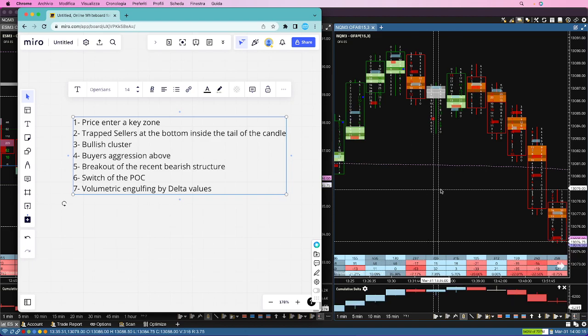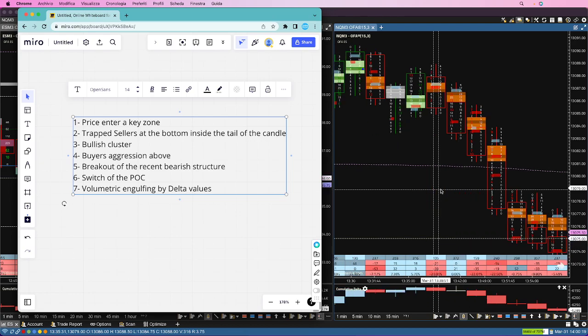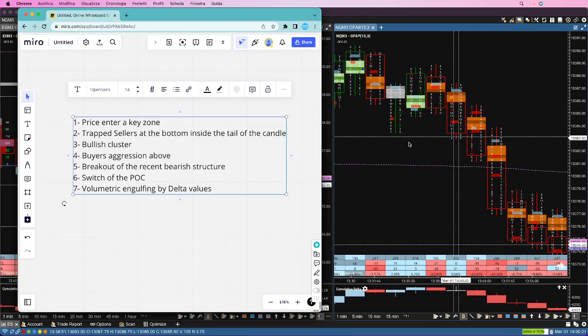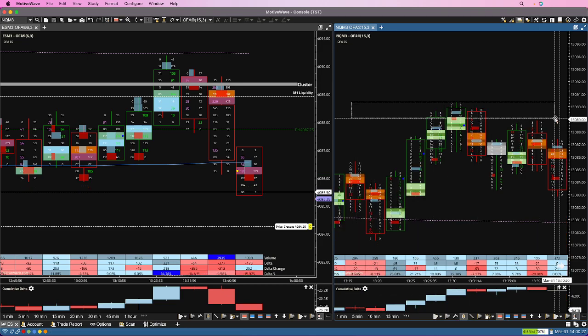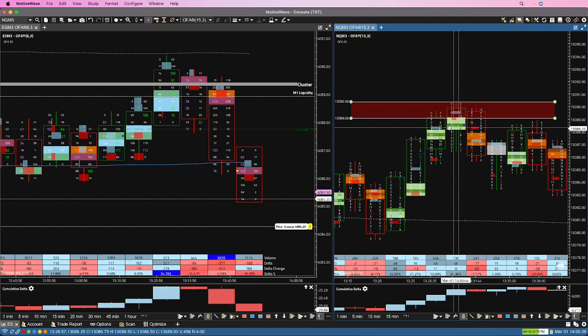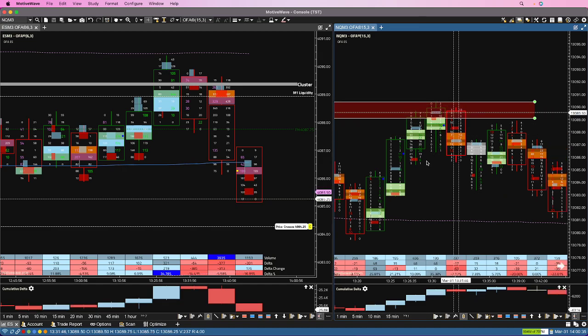So let me first give you an example. This one, for example. Let me suppose that this is the key zone, a resistance zone. Price enters the zone. First reaction, first bearish reaction.